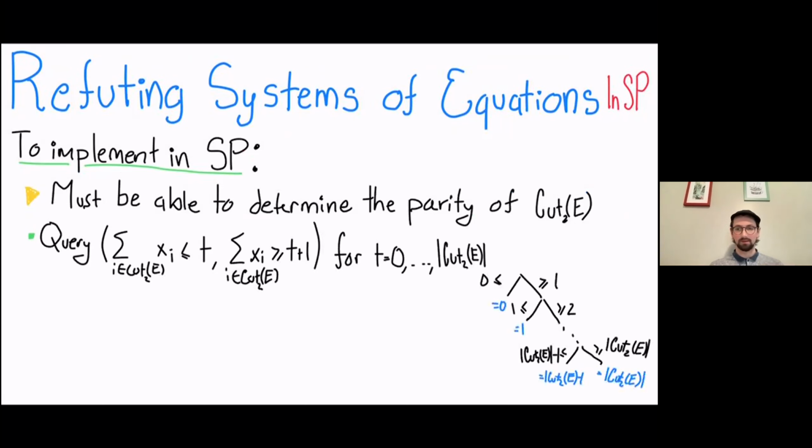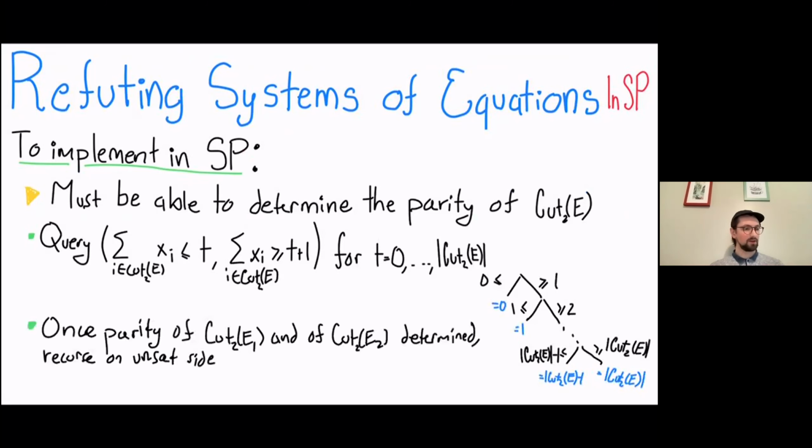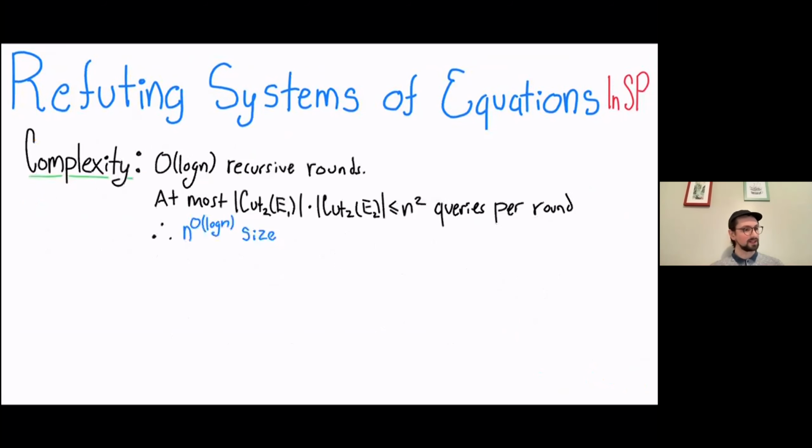And this gives you a big long proof like this. And on each of the leaves, you've determined exactly the value of this 2 cut. And so then you can recurse on the algorithm. Okay, and once the parity has been determined, you can recurse on the unsatisfiable side.